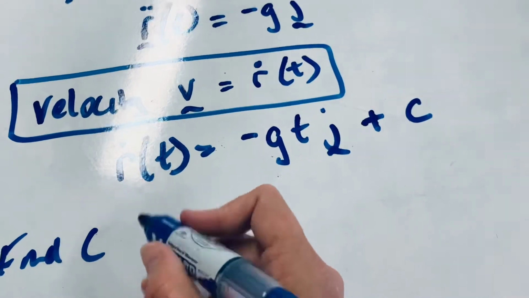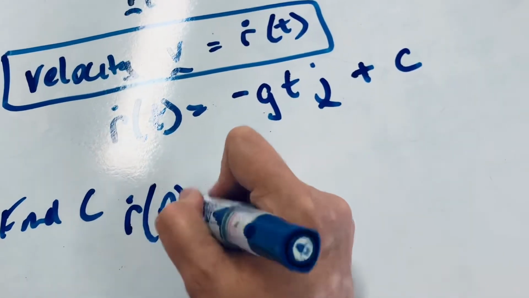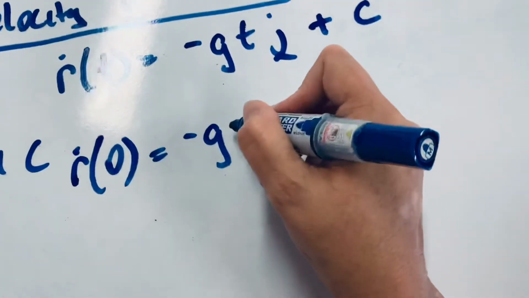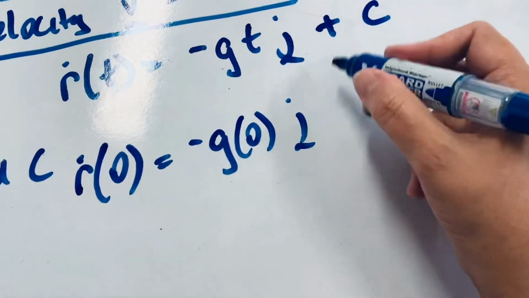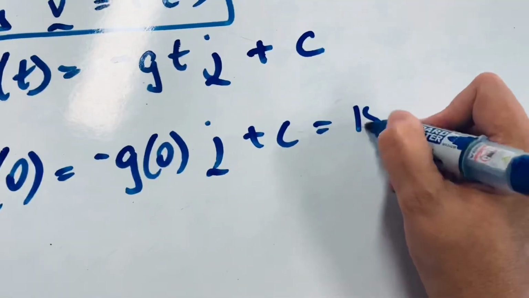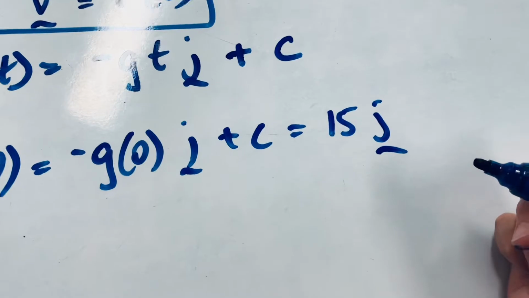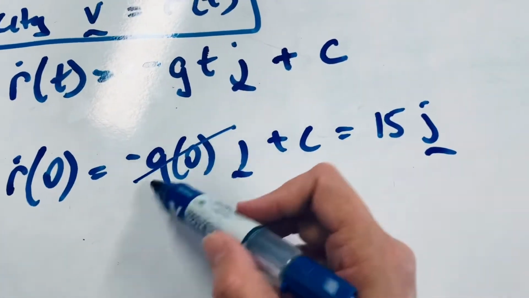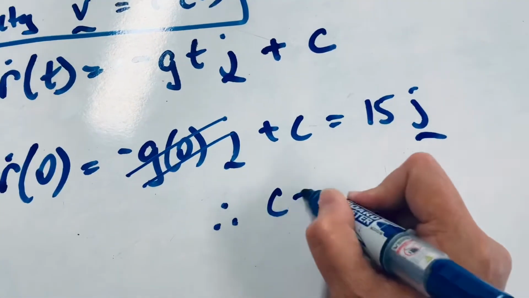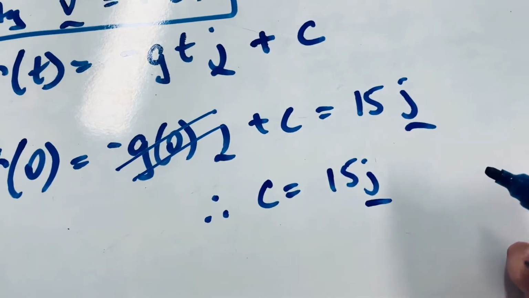We're going to find c by using the fact that we know the initial velocity was 15j. So we know that r dot 0, which is negative g times 0 times j plus c, has to equal 15j. This is 0, so therefore c equals 15j.